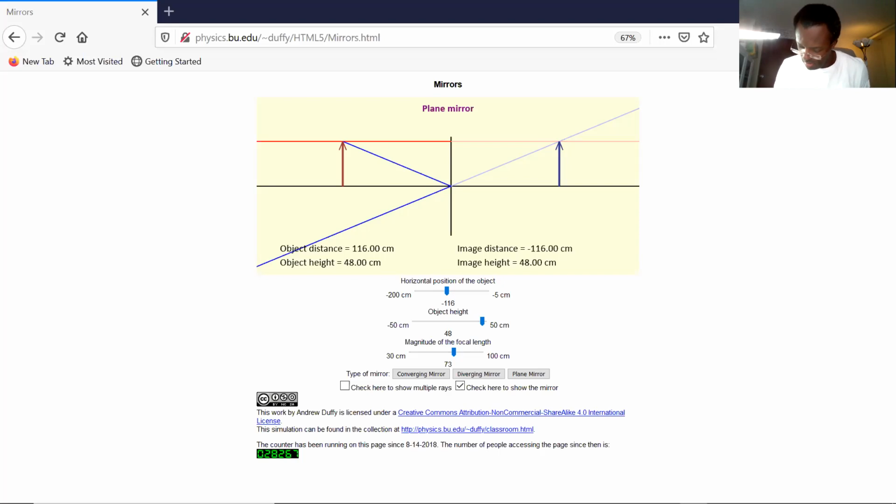Yeah, I think it's better. I think we can skip this part, if you haven't seen that in class. Yeah, we're going to skip the first part. So you are going to work only on converging mirrors and diverging mirrors. So that shouldn't take you too long. It's not too hard.